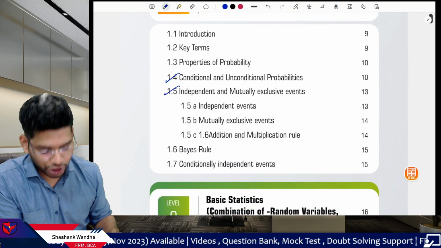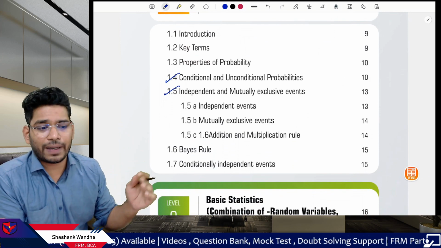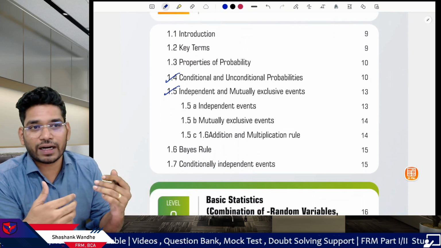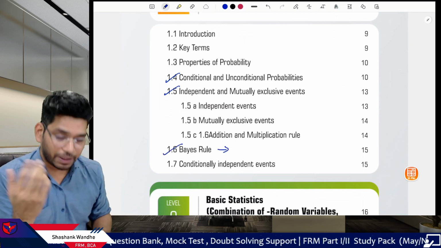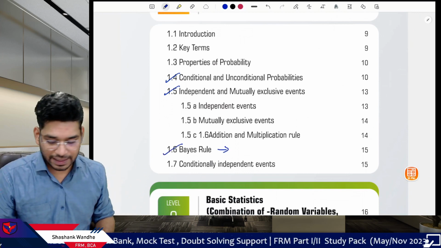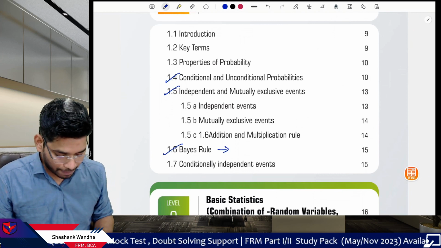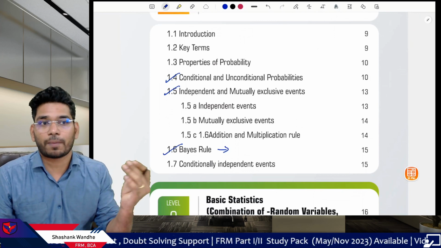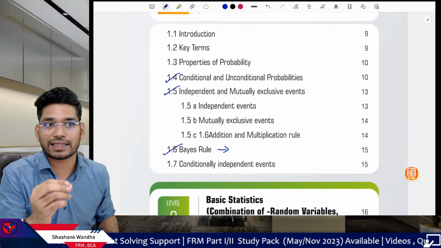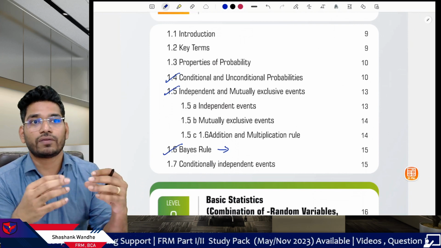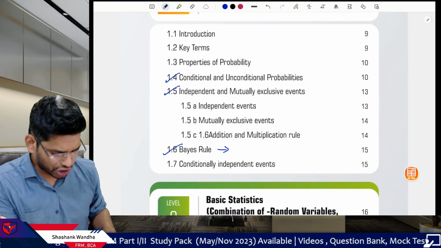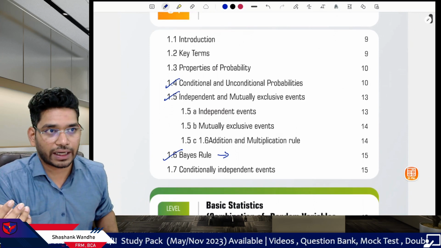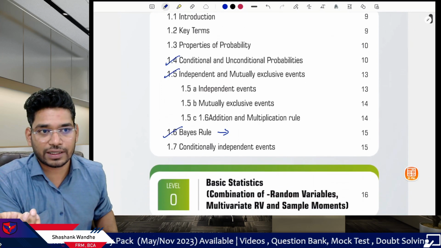First, conditional and unconditional probability, independent and mutually exclusive events: the probability of getting tested on this area is slightly less. If you consider previous exams, mostly GARP likes to test Bayes theorem or Bayes rule. Okay, so make sure you understand Bayes rule properly. Most of the probability questions are based on Bayes rule, and the conditional and independent events area is not that important. So approximately a very easy topic.